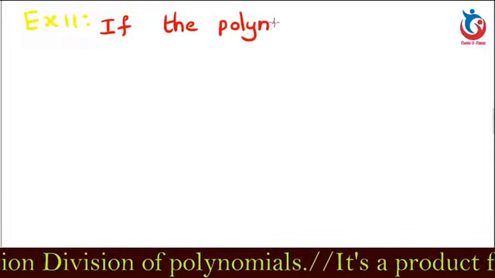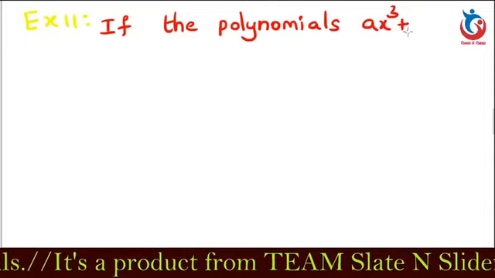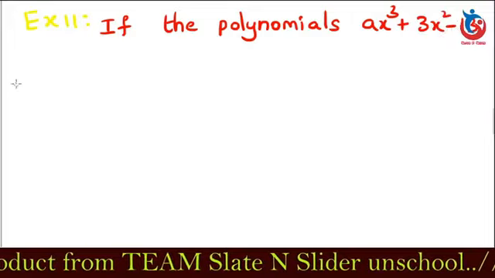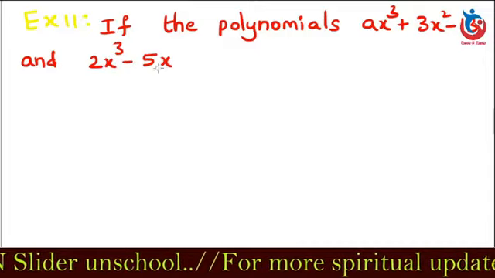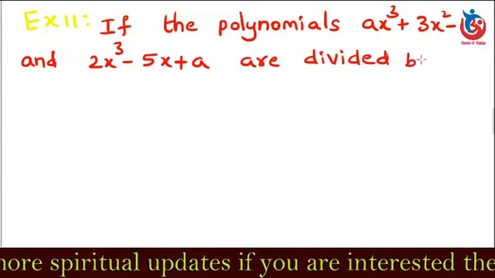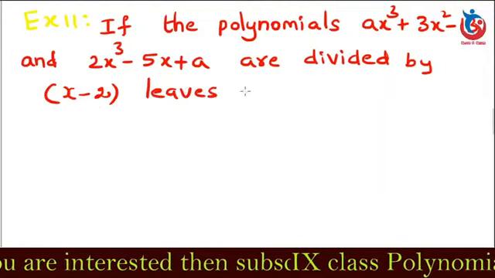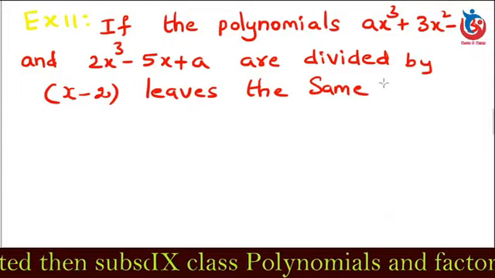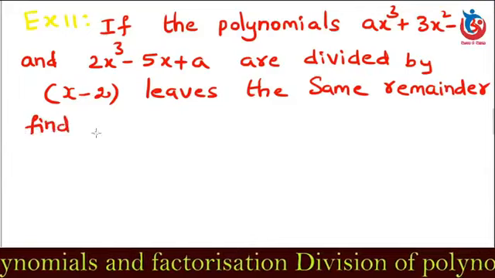If the polynomials ax cube plus 3x square minus 13 and 2x cube minus 5x plus a are divided by x minus 2 and leave the same remainder, then find a. This is the question.